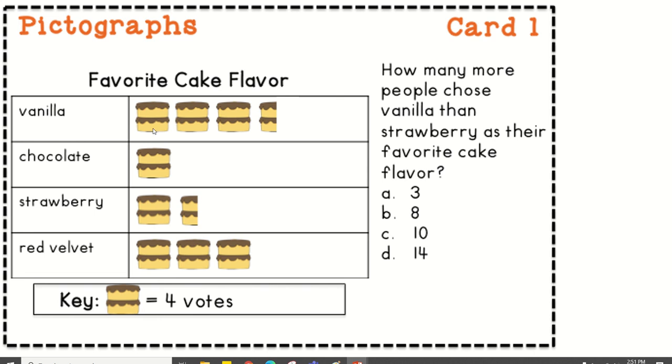Here's 4, 8, 12. But this right here isn't a full cake, this is half a cake. So I'm just going to split this in half. If one whole cake equals 4 votes, then half a cake is 2 votes, because half of 4 is 2. So we got 4, 8, 12. 12 plus 2 more is going to equal 14.